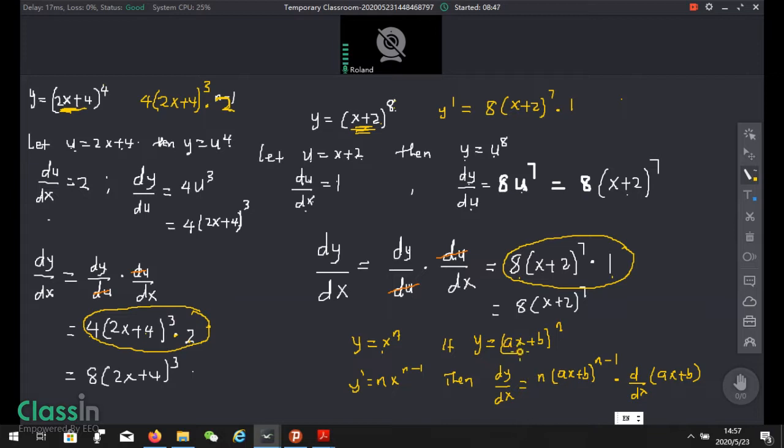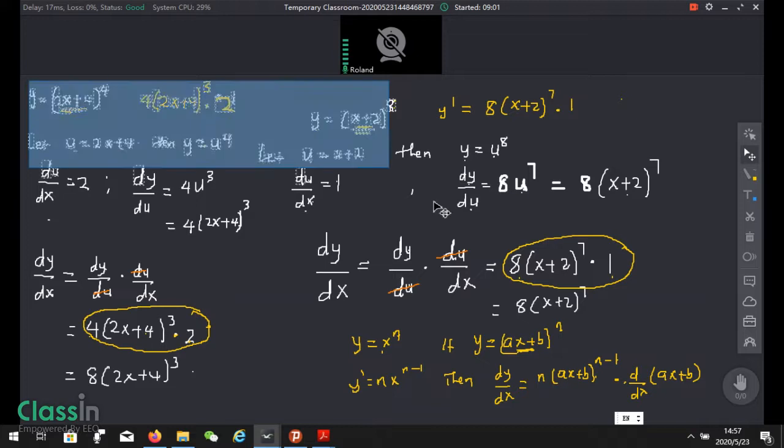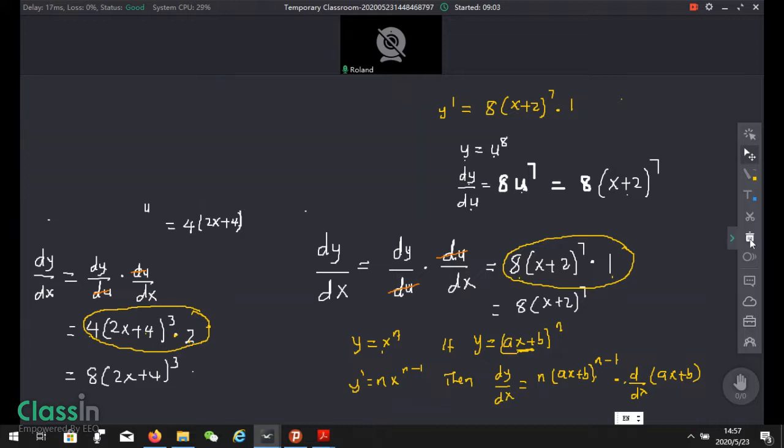If we have y equals (ax plus b) to the power n, dy/dx will be n (ax plus b) to the n minus 1 multiplied by the derivative of the expression in the bracket. Let's use this formula for some other ones and see.